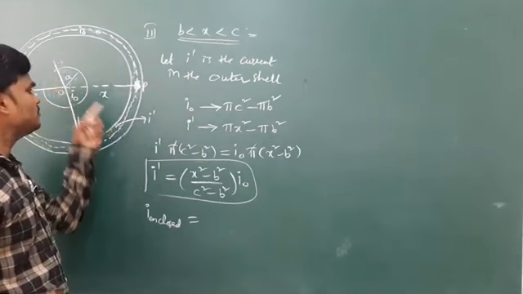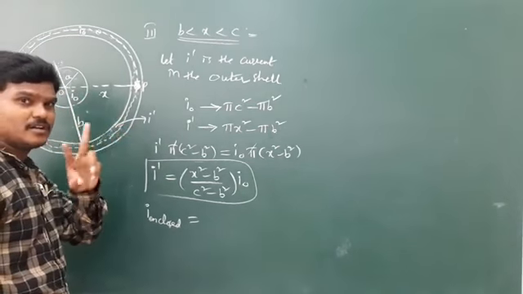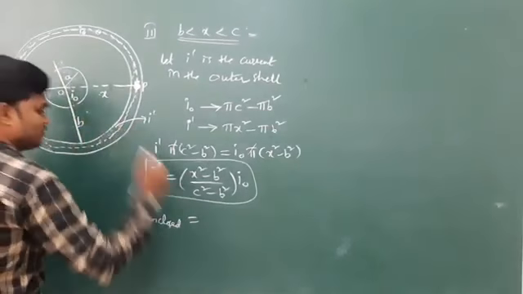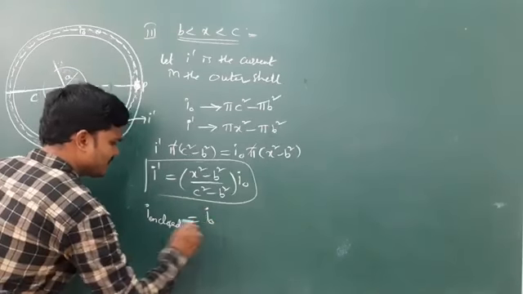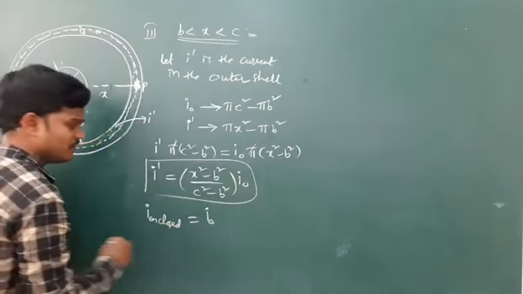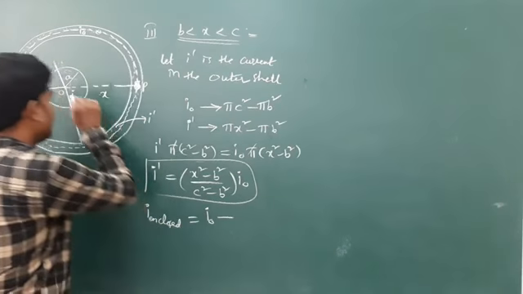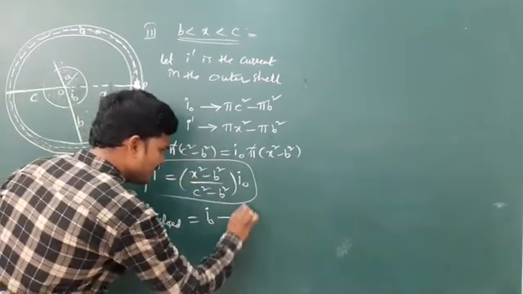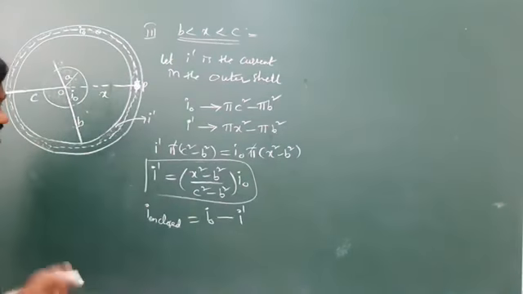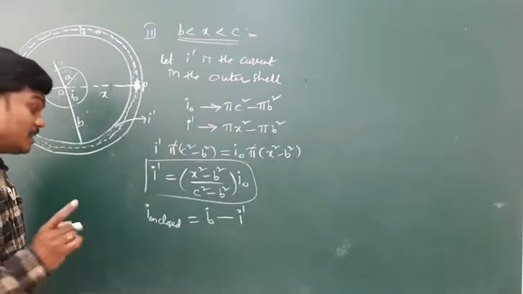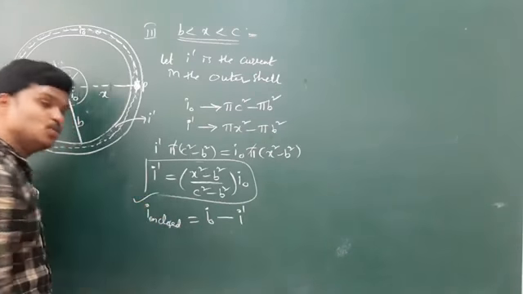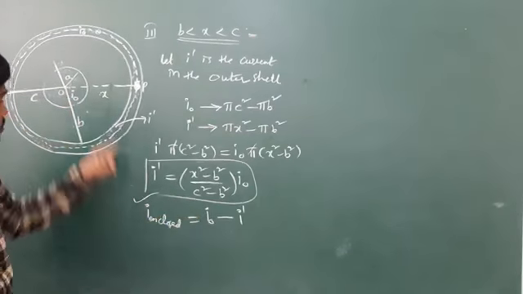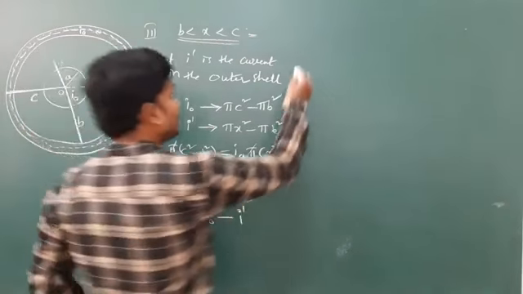But if this is into the board and this is out of the board, these are opposite currents, so you go for subtraction. Take the magnitude, in case anything negative comes. So I naught minus I dash, one is in, one is out. I am subtracting these two. I naught minus I dash is the current enclosed by the Amperian loop.